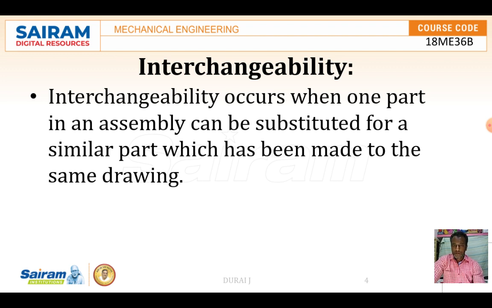Normally, suppose 100 shafts and 100 holes are manufactured for a particular assembled component. Any one of the shafts can be mated with any one of the holes in the 100-hole system. That is called interchangeability.